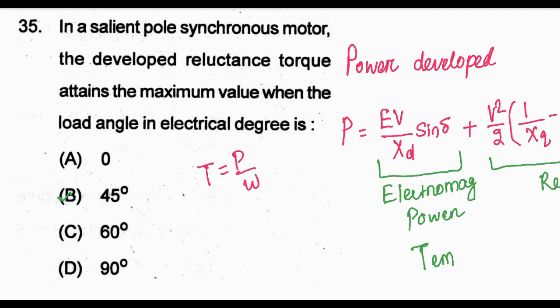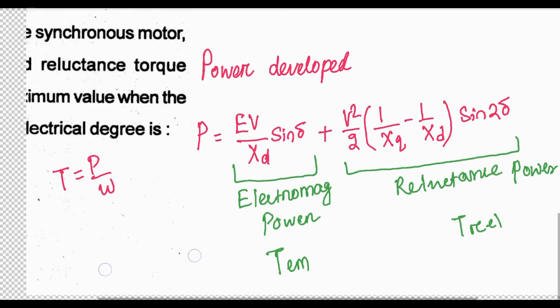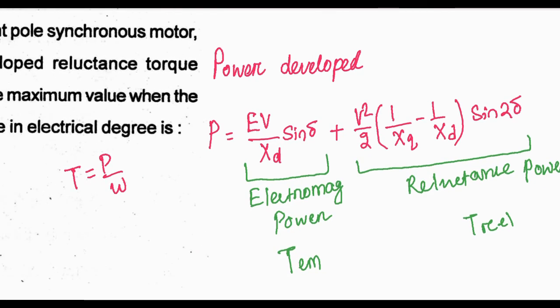So we know that torque is equal to power by omega, P by omega. So power developed in case of a synchronous motor is equal to EV by Xd sin delta plus V square by 2 into (1/Xq minus 1/Xd) into sin 2 delta. So this is in case of salient pole synchronous motor. The first part is called the electromagnetic power, and in case of a cylindrical rotor only this part is present, but in case of a salient pole motor this part is also present.